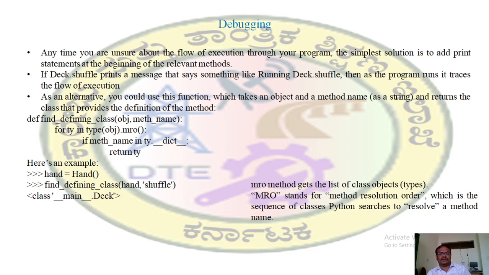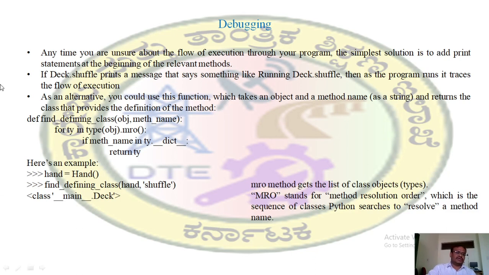As an alternative, you could use a function which takes an object and a method name and returns the class that provides the definition of the method. Print statements at the beginning of the relevant methods help you go through your functions.